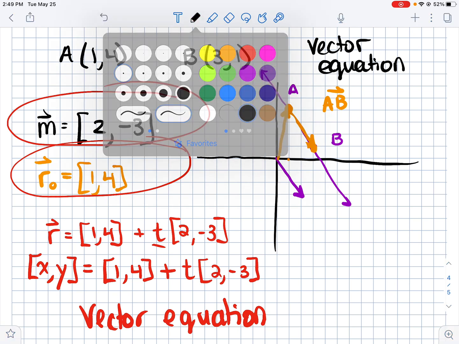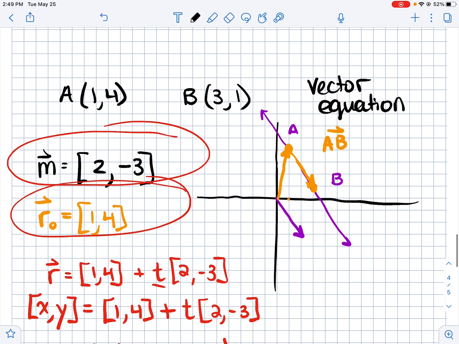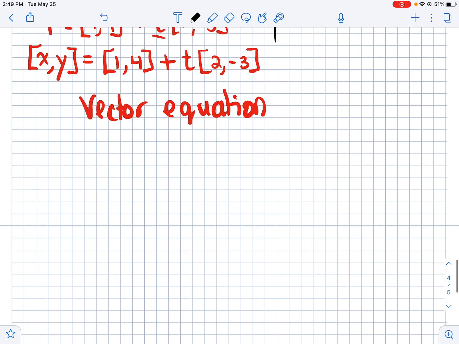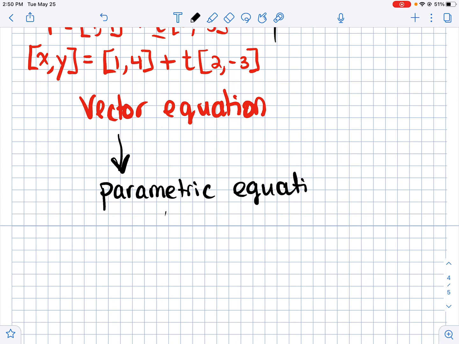And I wasn't going to do this, but since I had to re-record this video, you can take it one step farther, and you can split up vector equations into what's called a parametric equation. Parametric equations are not that difficult. They just split a vector equation into the x and the y component.